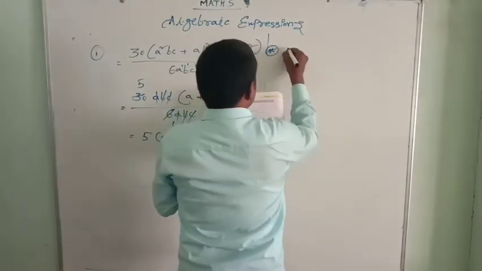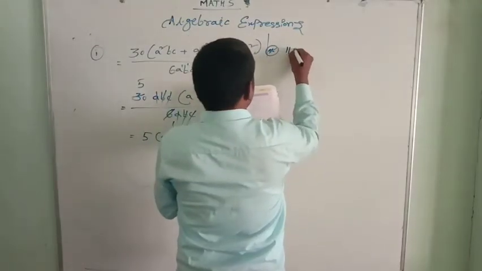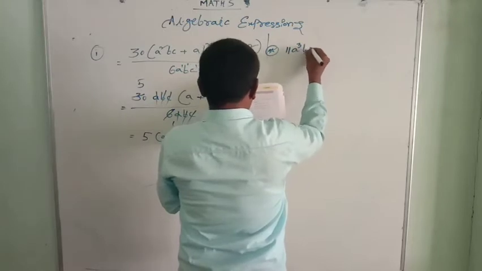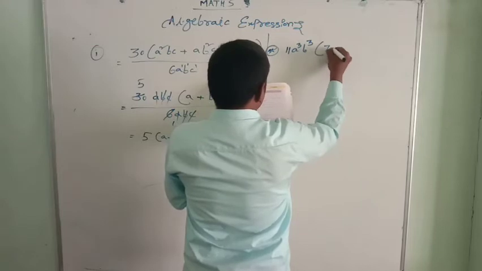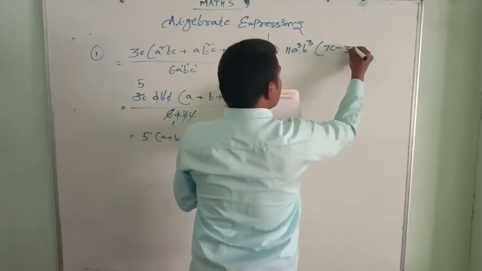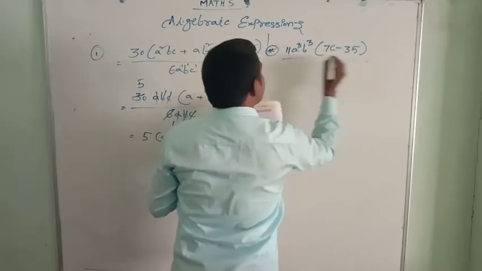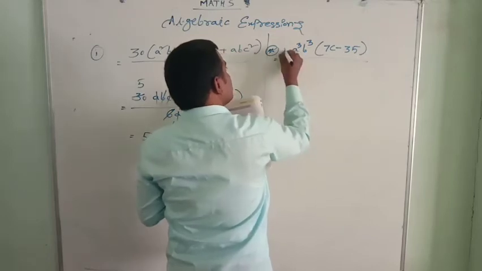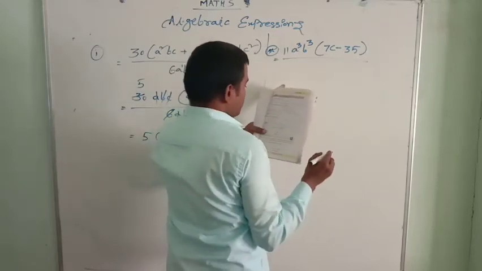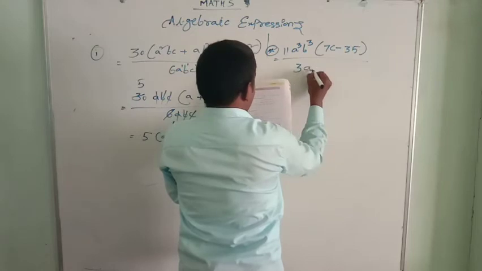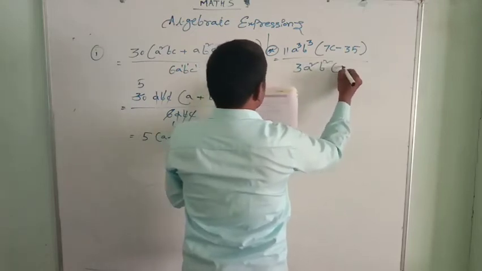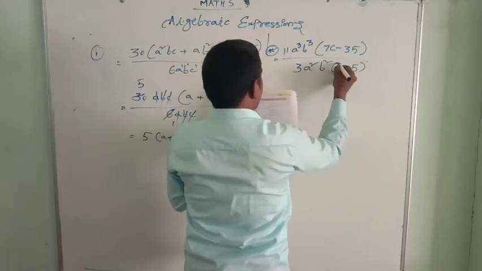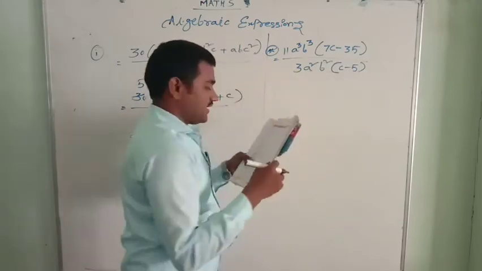Here: 11 a cube b cube, minus 7c minus 35. This we have to divide by 3 a square b square, c minus 5.